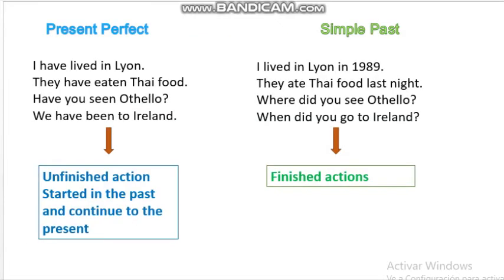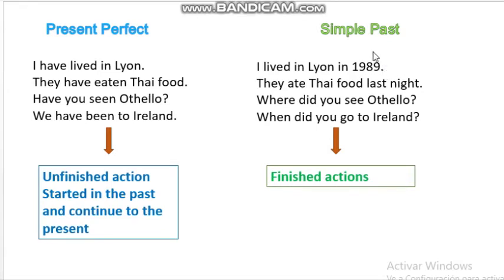With these sentences, we are going to see more clearly the difference between the two tenses, which are present perfect and simple past. The first one says, I have lived in Lyon. This is the present perfect. It doesn't say when. But look at the difference with I lived in Lyon in 1989.